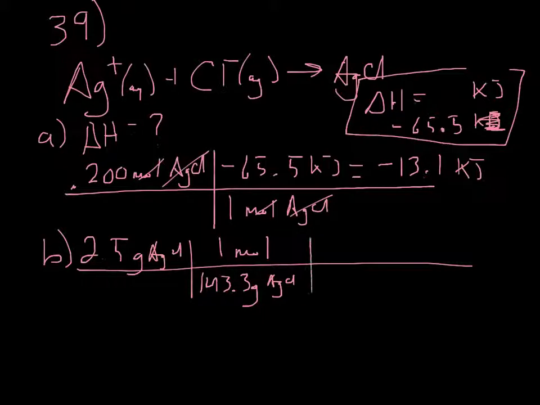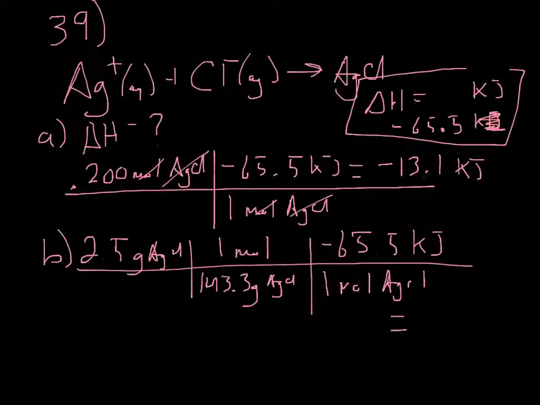Now we're back to where we were, so then it's 1 mole of AgCl equals negative 65.5 kilojoules, and that equals negative 1.14 kilojoules.